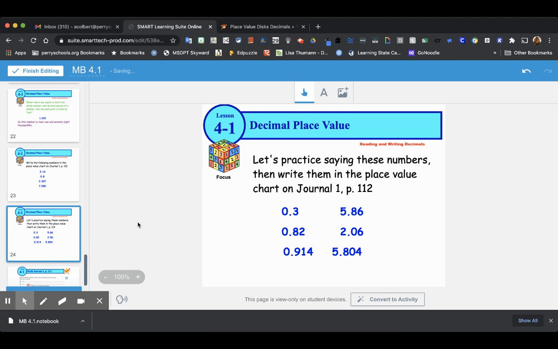So let's practice saying a few more and writing them in that place value chart. Here we have 0 and 3/10ths.